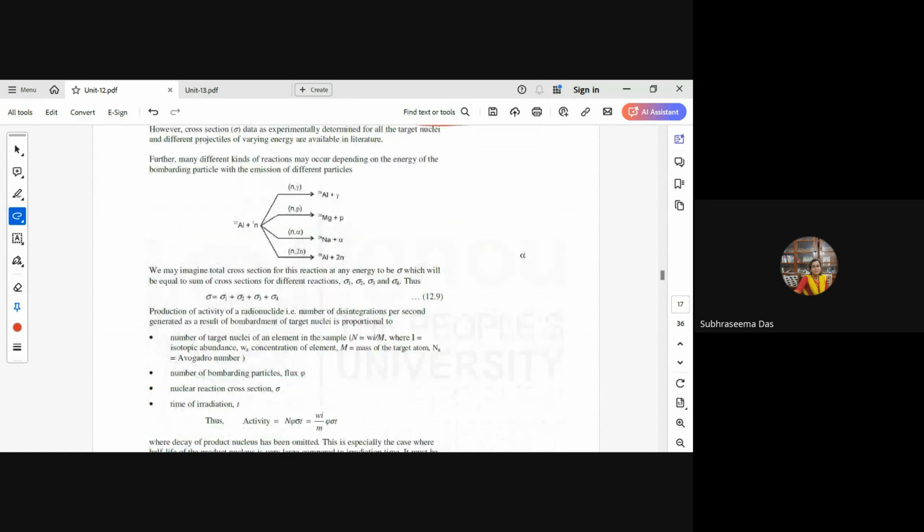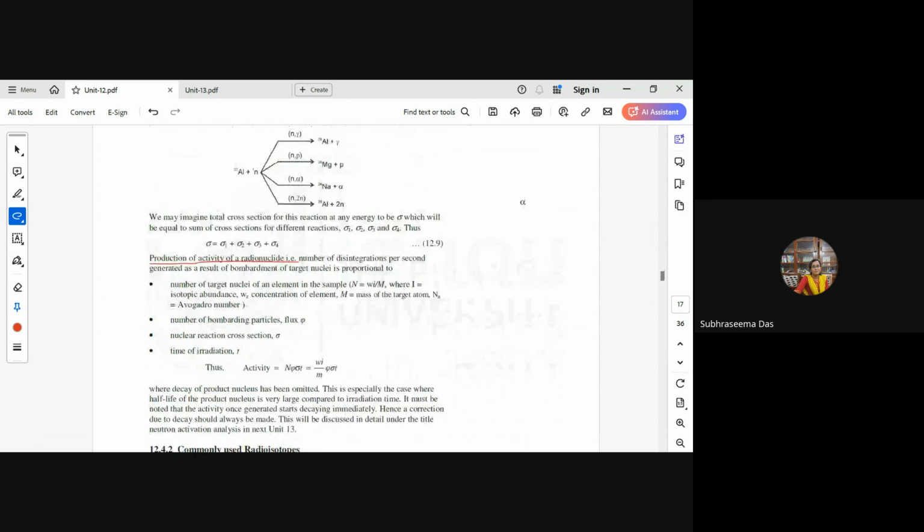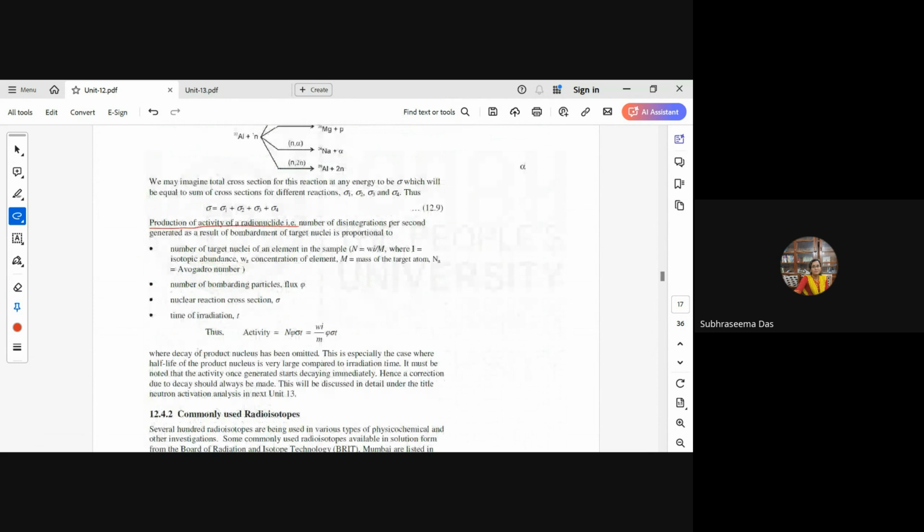Now, the production of activity of a radionuclide: the activity indicates the number of disintegrations occurring per second. The activity of a radionuclide is directly proportional to the number of target nuclides of an element in the sample.